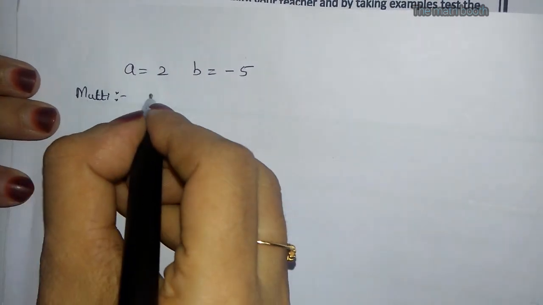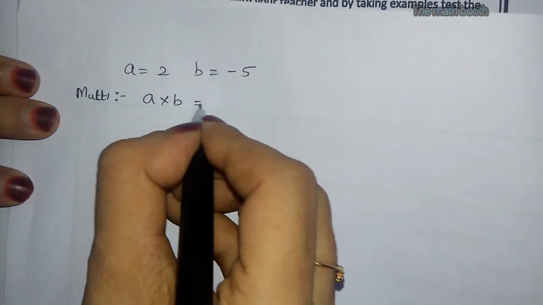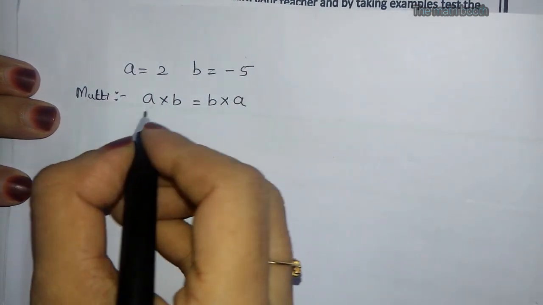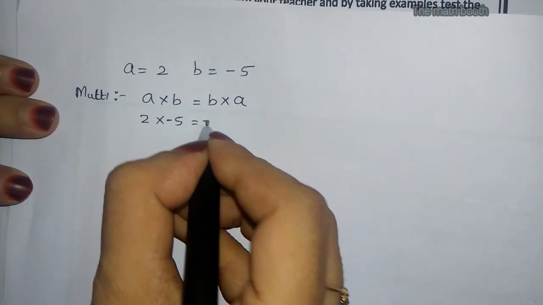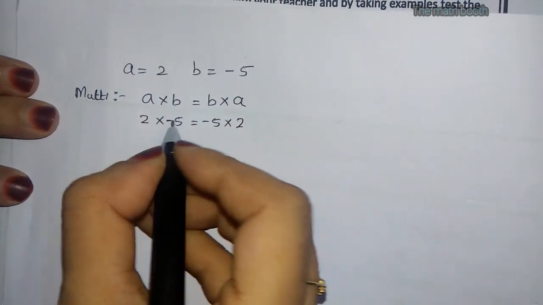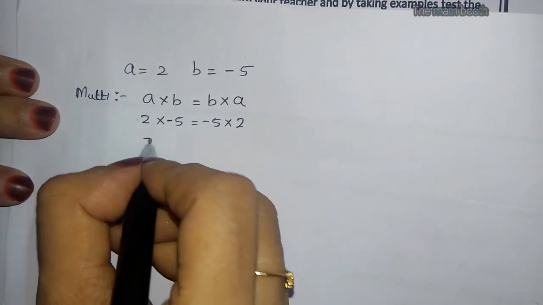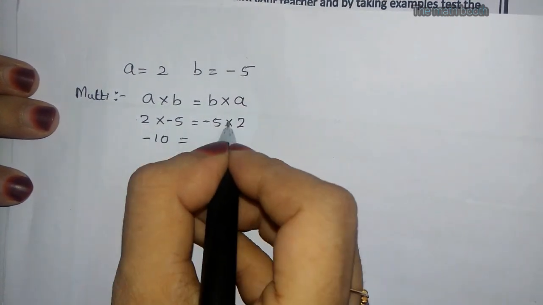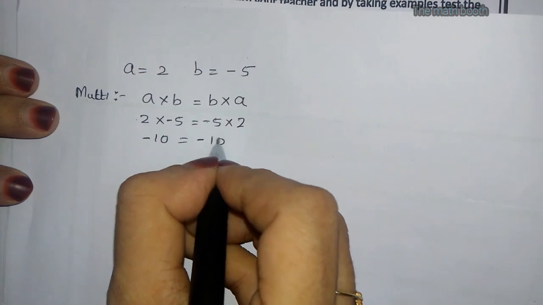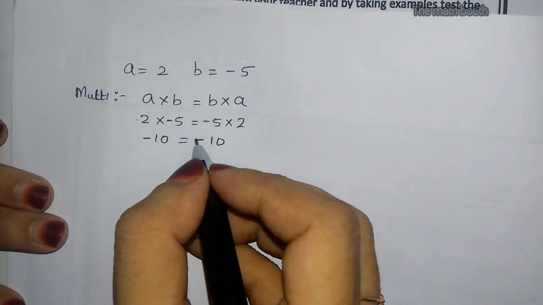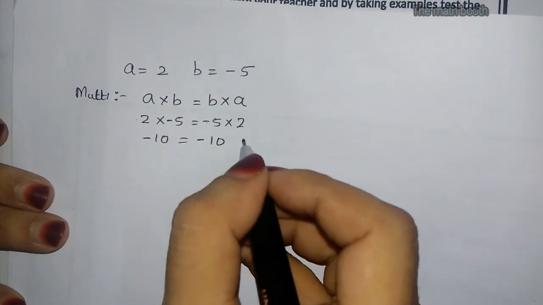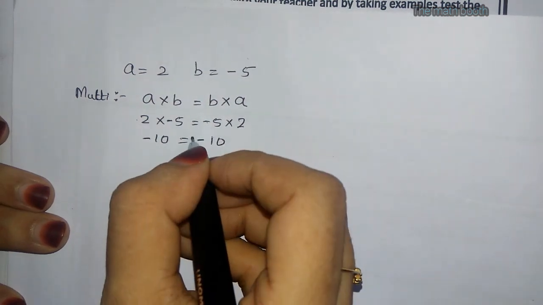A into B is equal to B into A. So 2 into minus 5 is equal to minus 5 into 2. Minus 10 and minus 10. So LHS is equal to RHS. So what we can say is the commutative property is closed under multiplication.